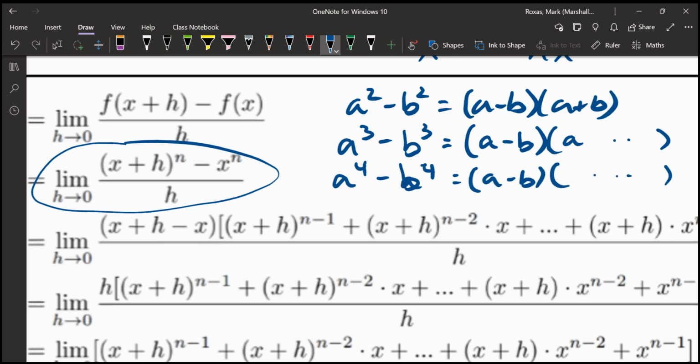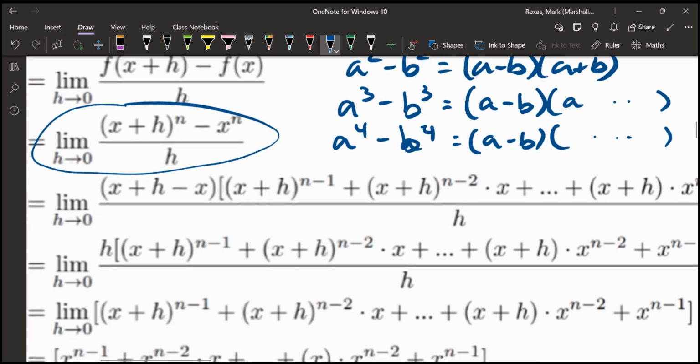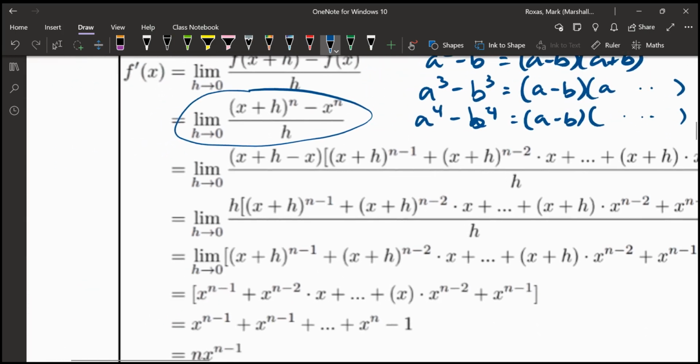And there is also a formula where if you have something called the difference of nth powers, right? The difference of the nth power. And that's what this is called, the difference of the nth power. And you can look that up, right? And there's a formula for that.